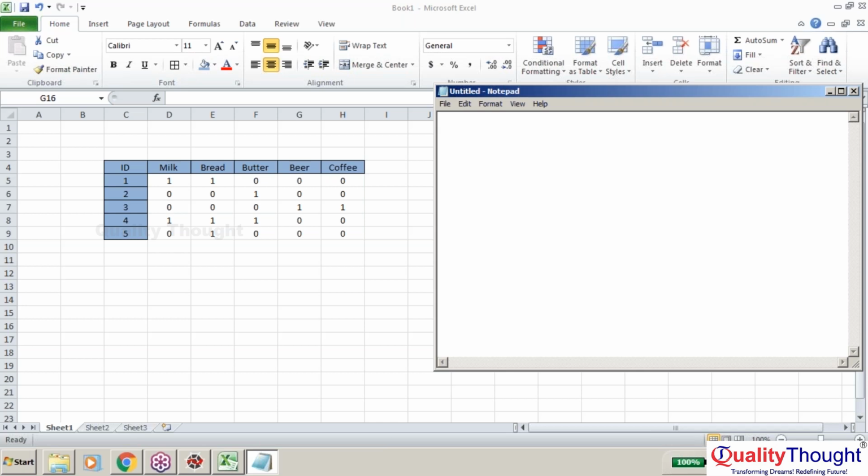Each and every item I am going to consider as I1, I2, I3, and so on, up to In.